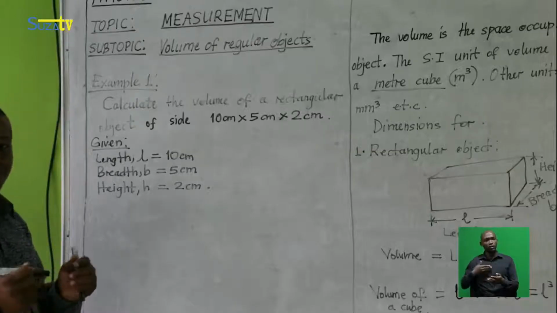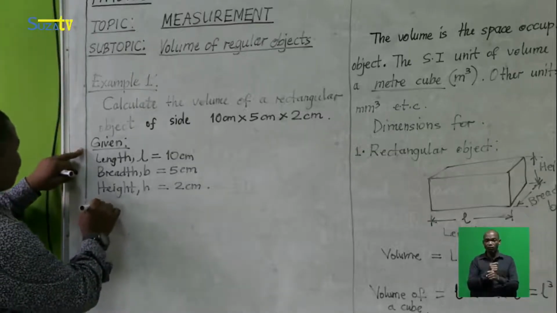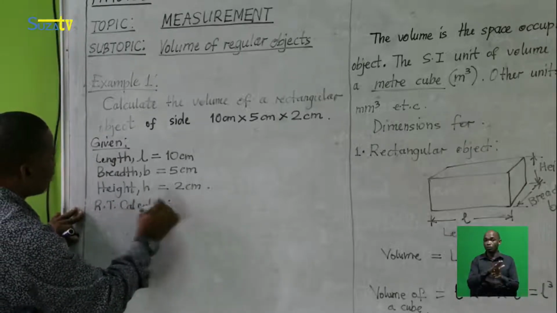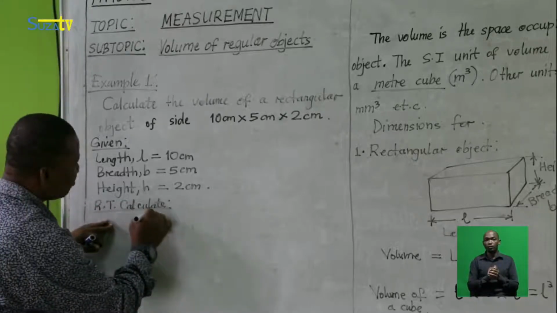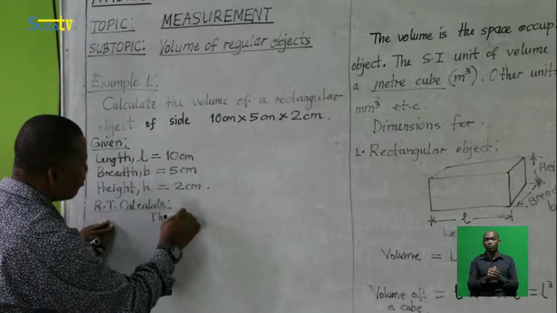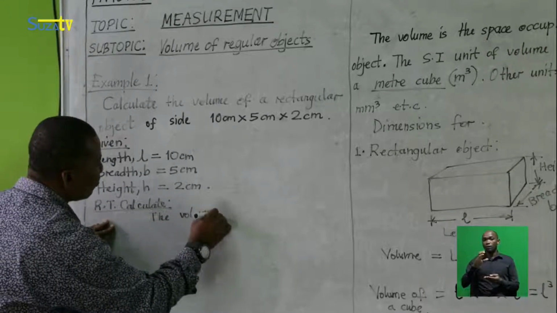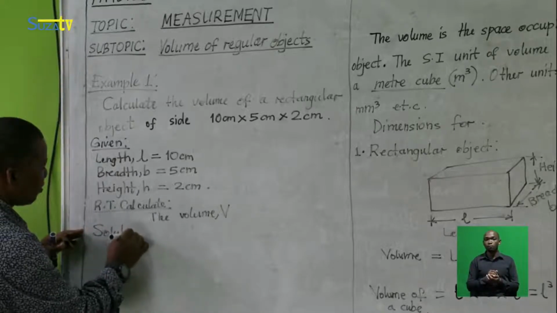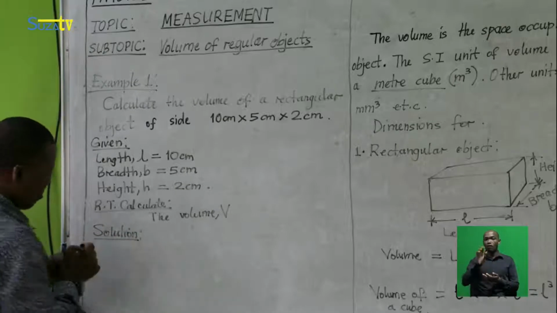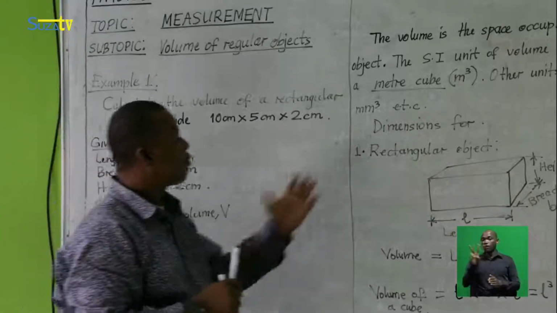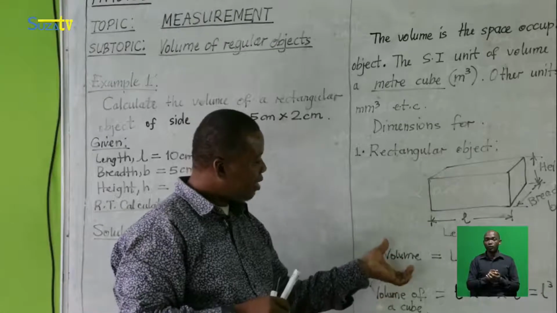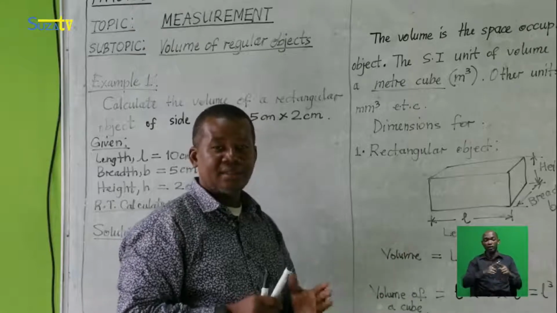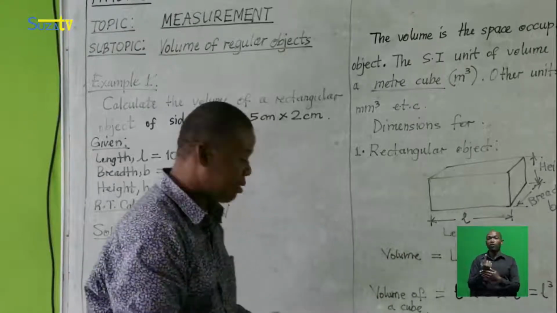What are we required to find? We are required to calculate the volume, which is given by capital V. We have to remember that the formula for the volume of the rectangular object is given by length times breadth times height.